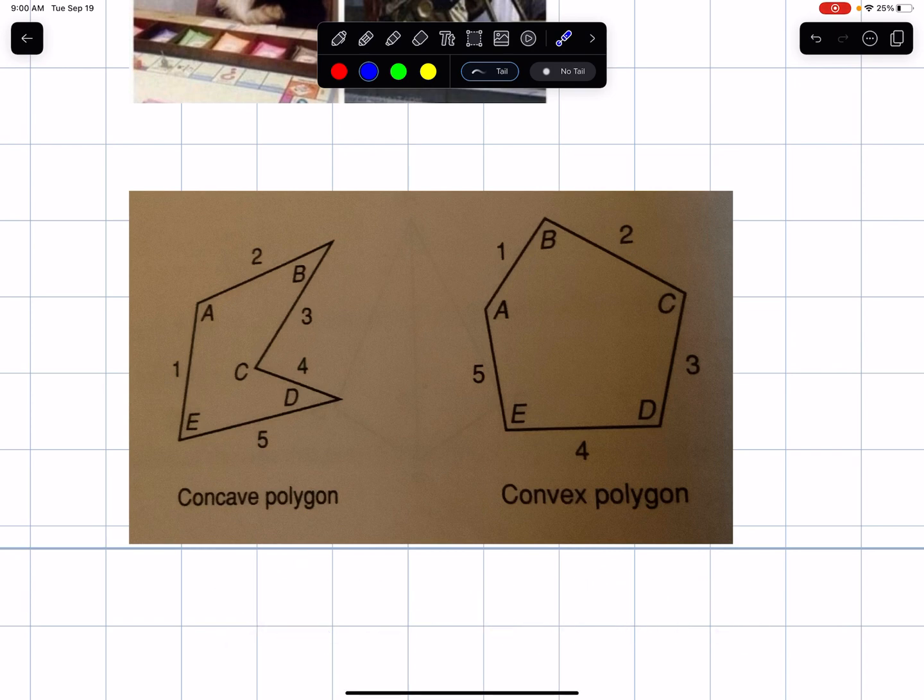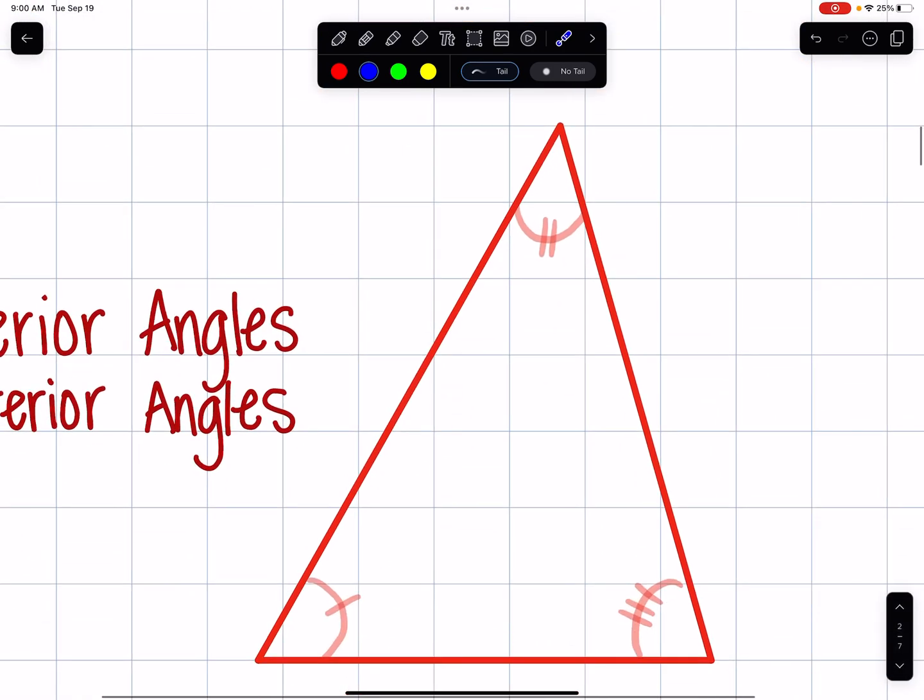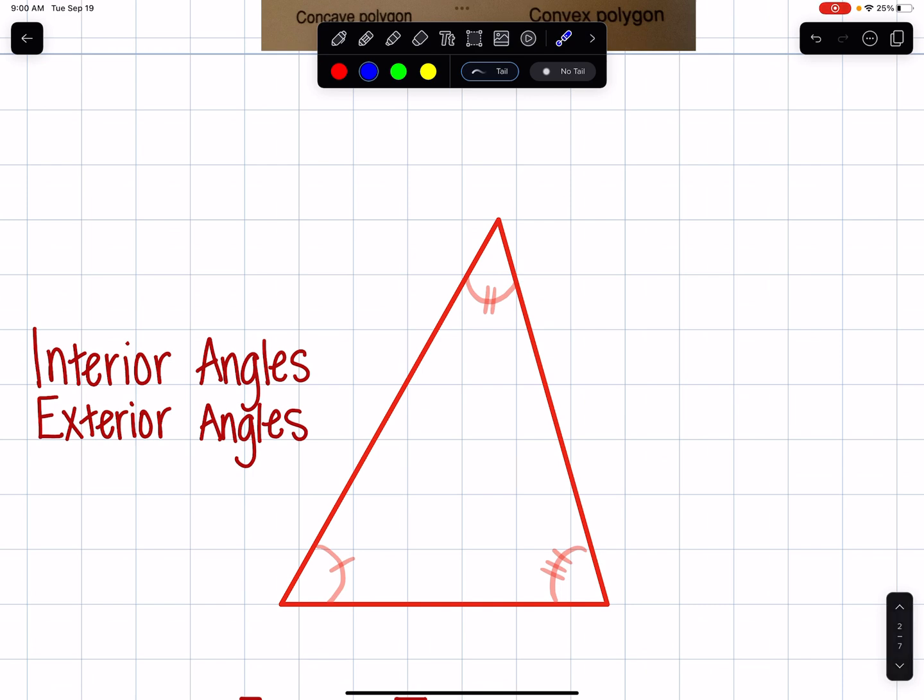At each vertex of both a concave and a convex polygon, there's an angle inside the polygon and an angle outside the polygon.